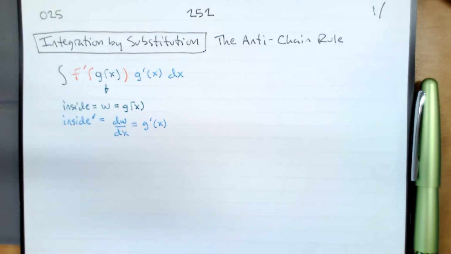And so then I need to look at my integral again and say, do I have g prime of x as a factor? And if the answer is yes, then we get to use substitution. We get to continue with our plan.